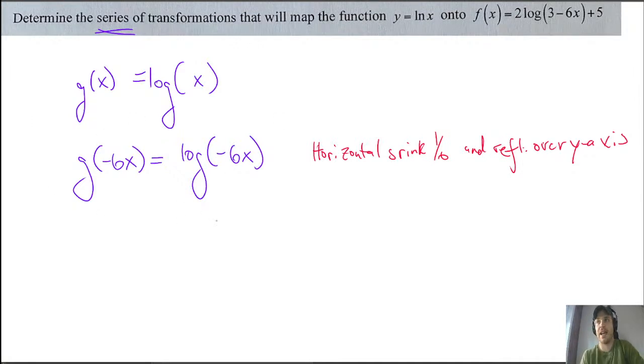Okay, so then we're going to add 3 inside there. So we're going to do g of 3 minus 6x. Since we're adding 3, the constant term in there is positive, that's shifting us to the left 3.